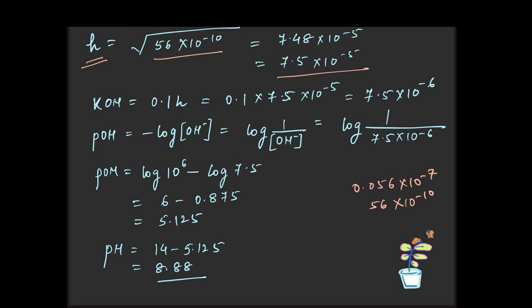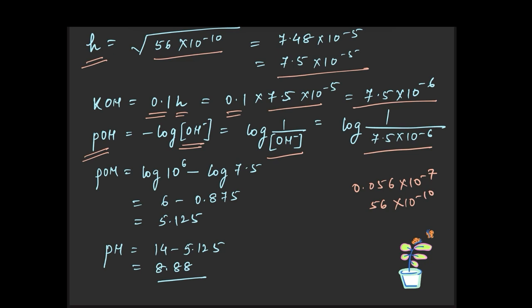Now once you know the value of h, the amount of KOH present is 0.1 into h. So 0.1 into the value of h gives the amount of KOH, that is 7.5 into 10 to the power minus 6. pOH will be equal to minus log OH minus, which can also be written as log 1 by OH minus, which is equal to log 1 divided by the concentration of OH minus, that is 7.5 into 10 to the power minus 6.